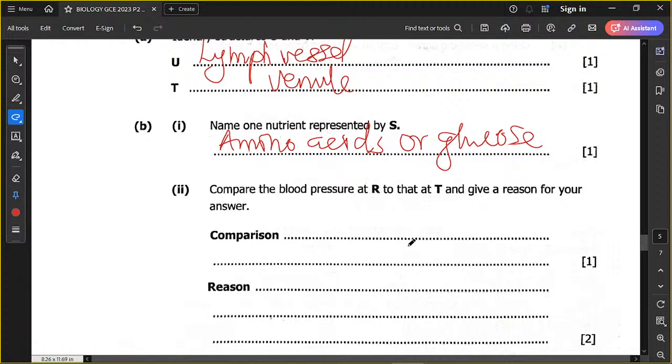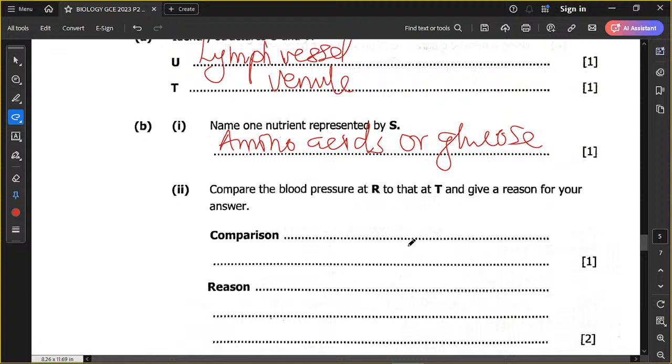Question B2. Compare the blood pressure at R to that at T and give a reason for your answer.